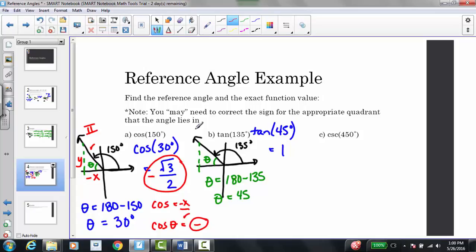In quadrant 2, which is where 135 degrees is, we have a negative x and a positive y. And the tangent of any angle in quadrant 2 is going to be a negative x over a positive y, which gives me a negative answer. So again, I need to change my answer. The tangent of 45 degrees is a positive 1, but the tangent of 135 degrees is negative 1.